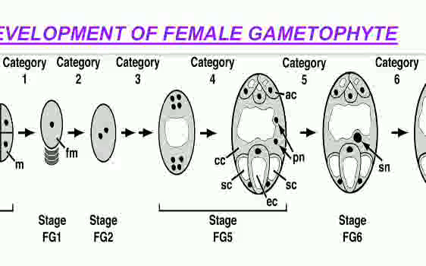Thus, the central cell bears the 2 polar nuclei. 3 nuclei at the base of the embryo sac form the antipodal cells. The remaining 3 nuclei at the micropylar end get surrounded by cytoplasm to form pear-shaped cells. These 3 cells together form the egg apparatus, which consists of 2 cells known as the synergids, the help cells, and the egg cell, or oosphere.